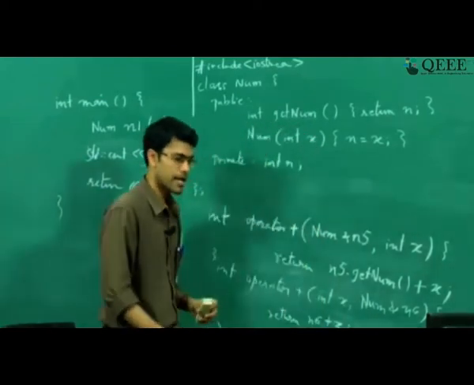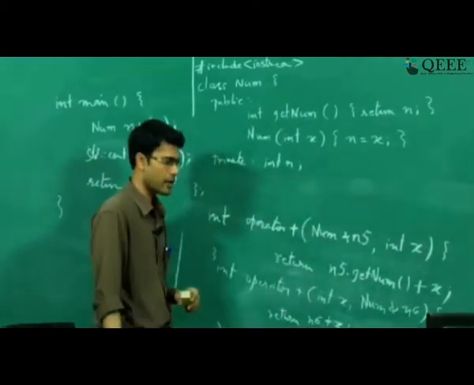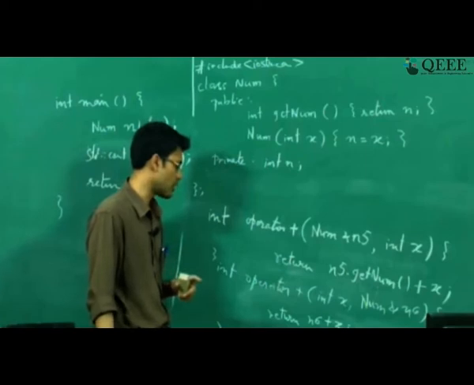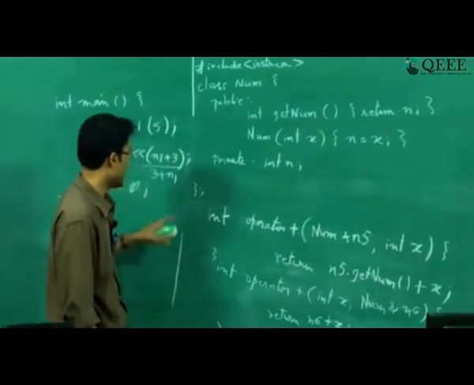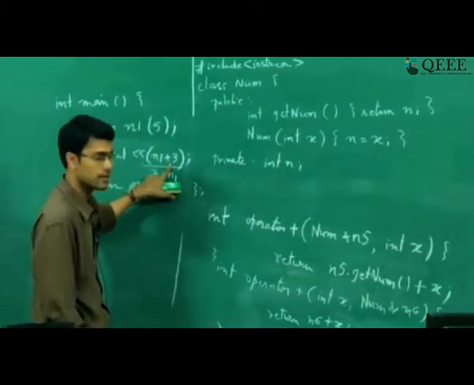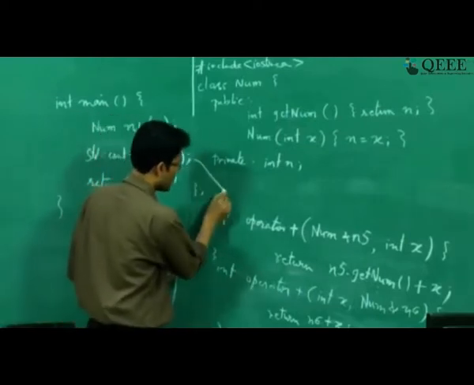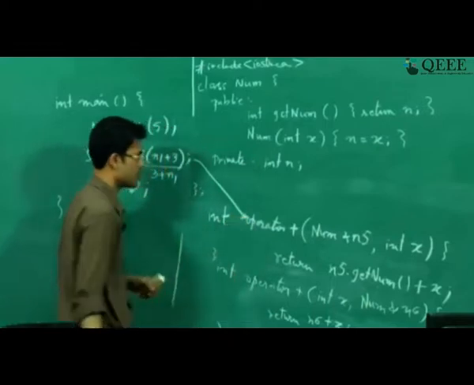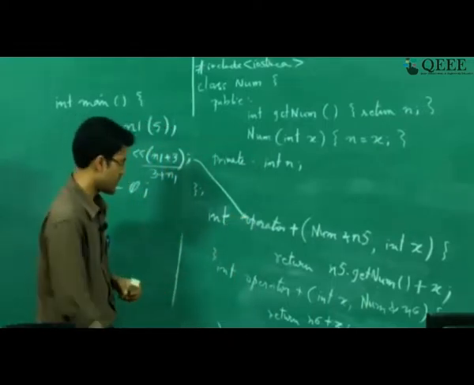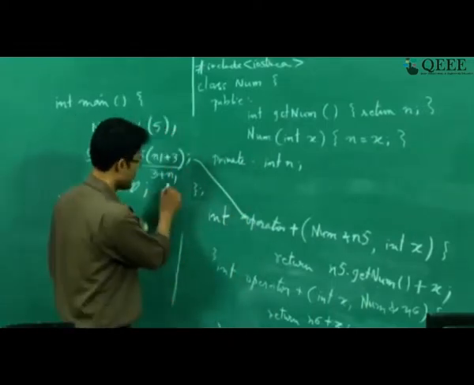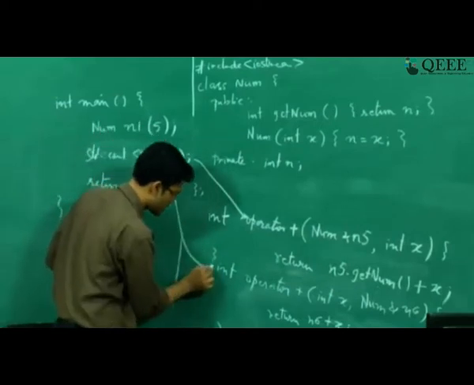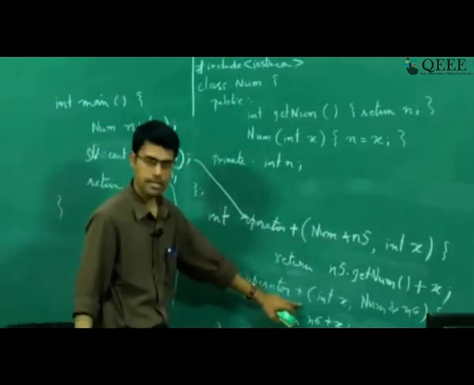But on slide number 20, I'm also going to add arrows as to what exactly is calling what, right? So as far as n1 plus 3 is concerned, this is calling operator plus, this one, and as far as 3 plus n1 is concerned, it is calling the second operator plus.